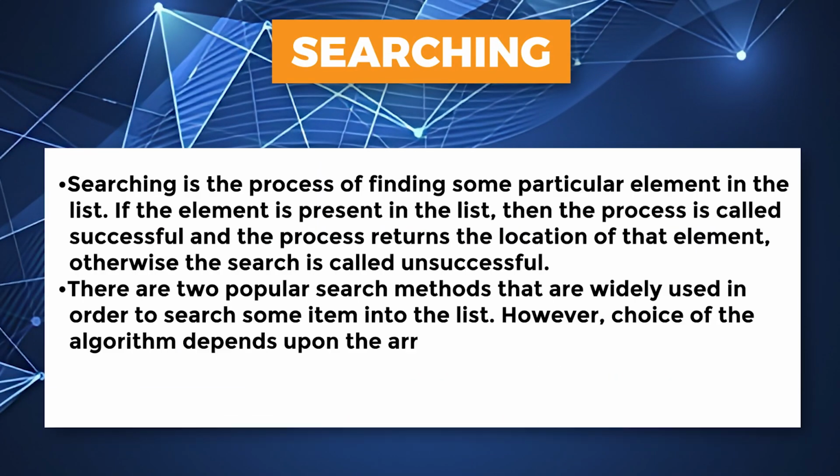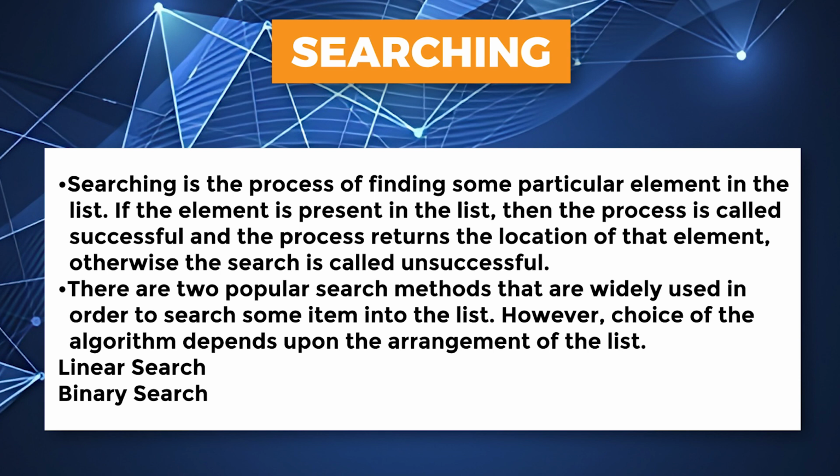Searching is the process of finding some particular element in the list. If the element is present in the list, then the process is called successful. With the help of a pointer, one by one you can search an element inside the list, and the process returns the location where the item is situated.